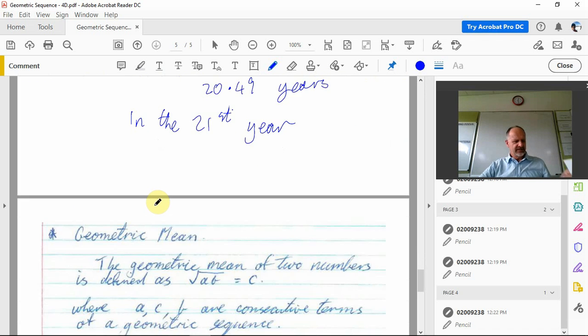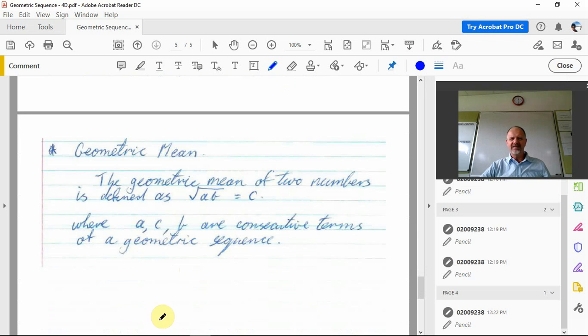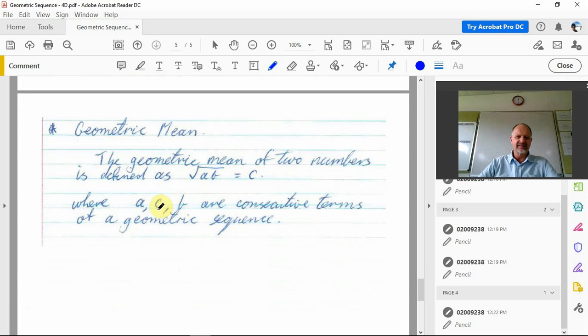All right, the last thing is geometric means. All right, so geometric mean is a similar idea to the arithmetic mean, but rather than adding, we're multiplying things. So this in the middle here is the mean, and because we're multiplying two things together, that's where the square root comes in.